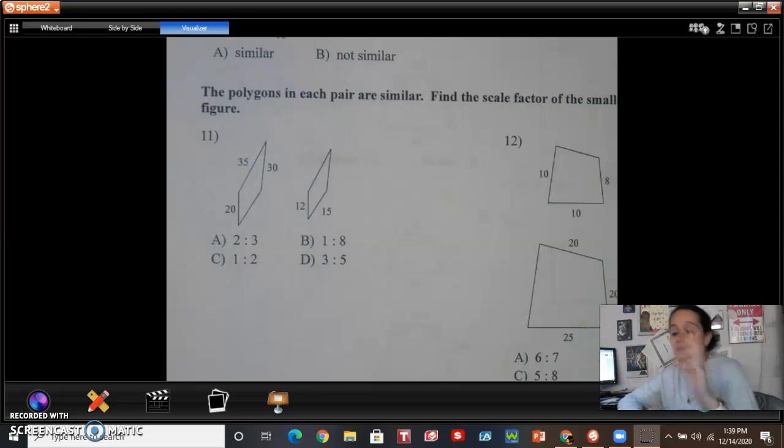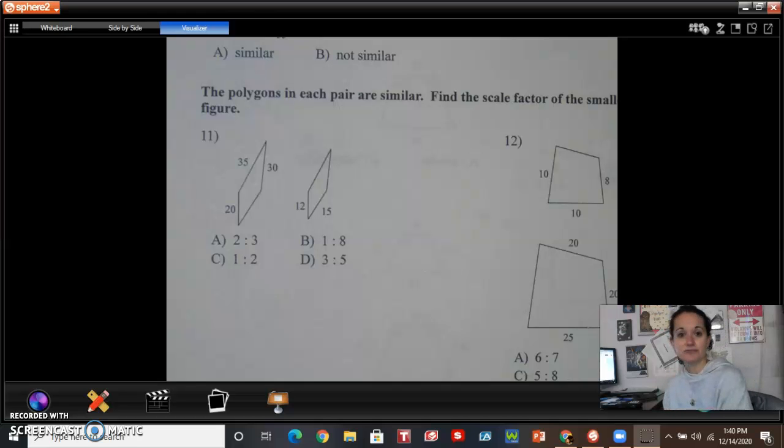Think of it like a map. A map has a key, and in that key it explains that if we take a tape measure or a ruler and measure from city to city, for every centimeter it's so many miles. That's kind of like a scale factor.